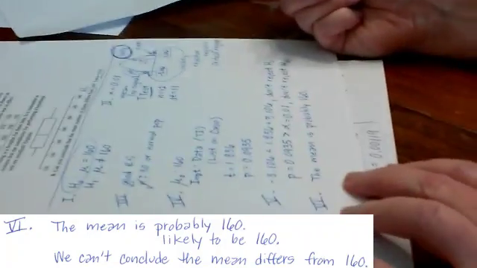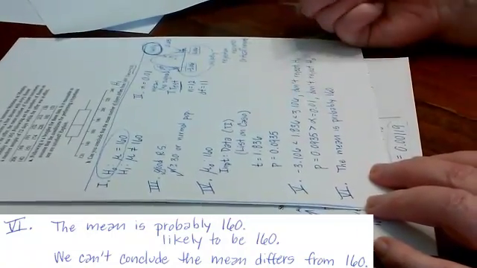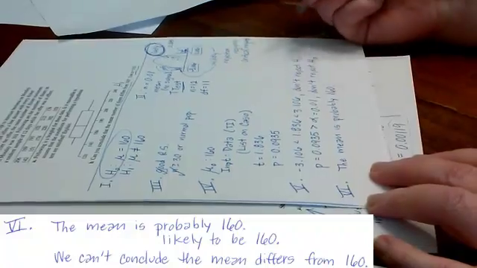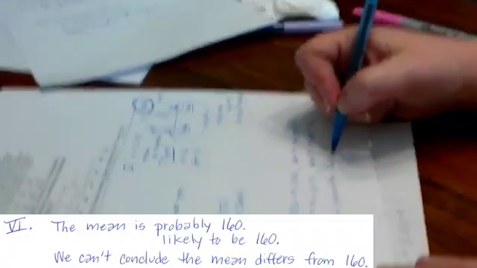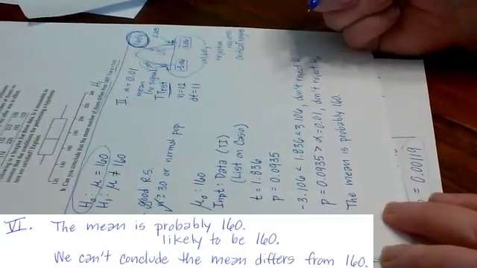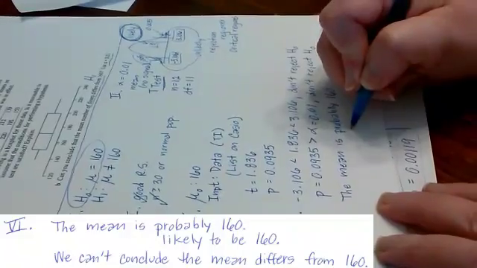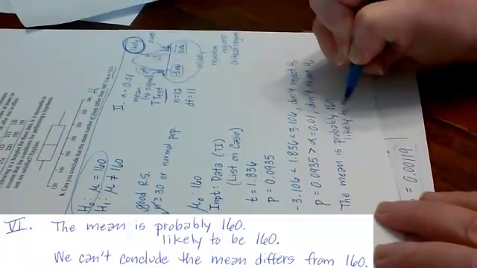Now, why didn't I say we have proved that the mean is 160? Well, because it's just probability. We haven't actually proved anything, but it's likely that the mean is 160. So we could also say the mean is likely to be 160.